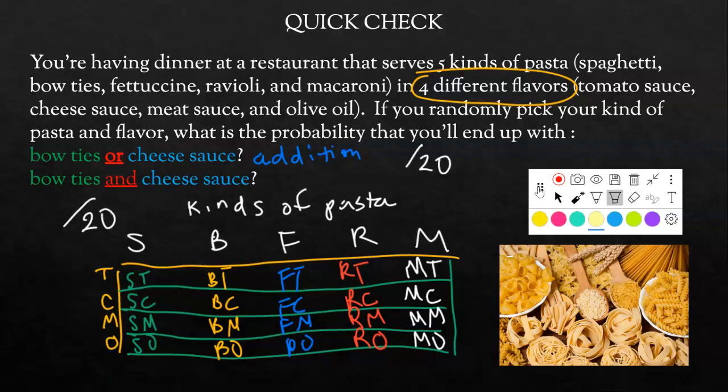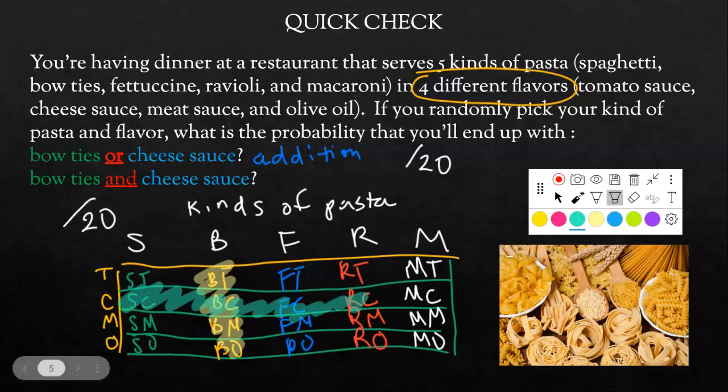And so what's the probability they would have bow ties? Bow ties would be anything in this row. What's the probability that they would have cheese? Cheese would be anything in this row. And so this idea that you're not going to use the same one twice is you're not going to double count this one.